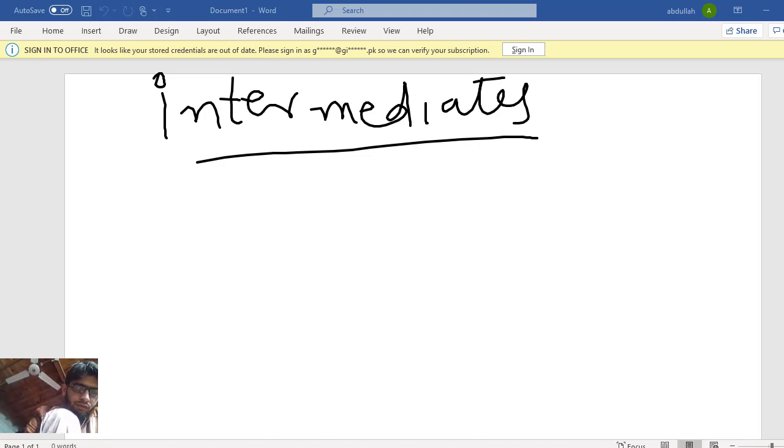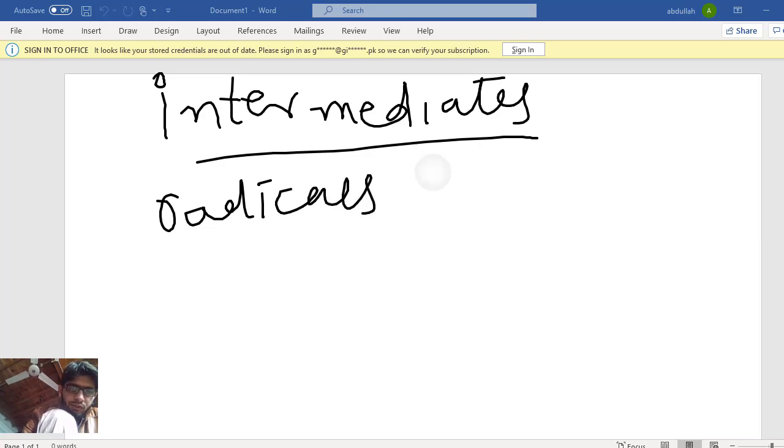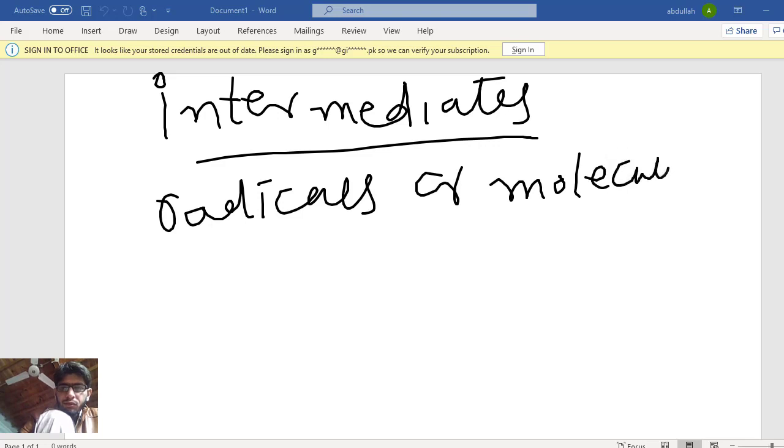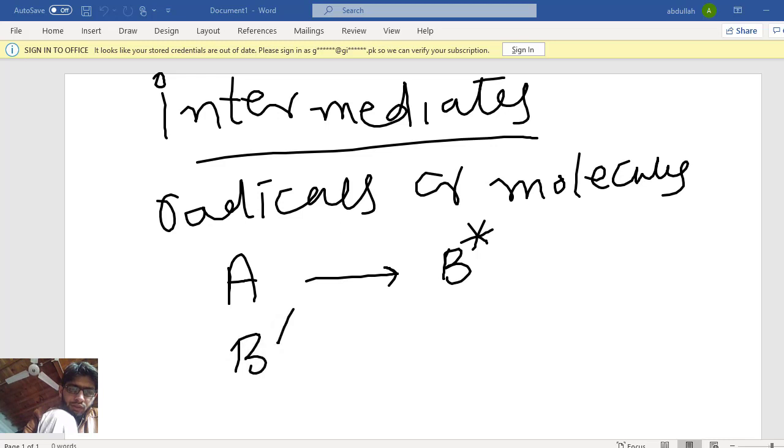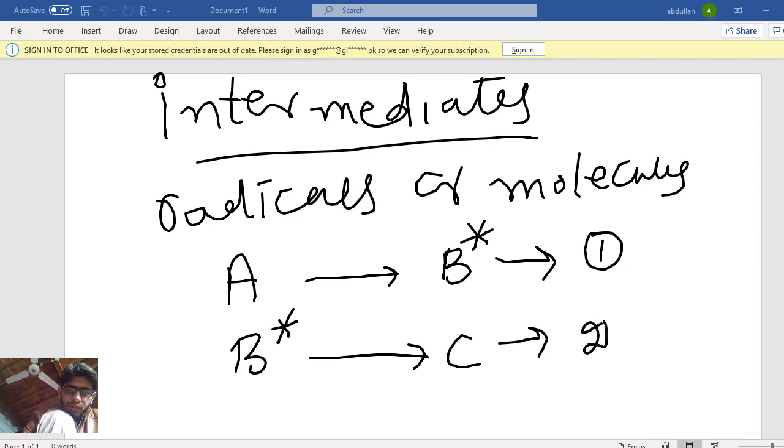Suppose intermediate B is produced and this intermediate B is consumed in the other reaction and forms C. In the first step the intermediate is produced, in the second step the intermediate is consumed and C is produced.